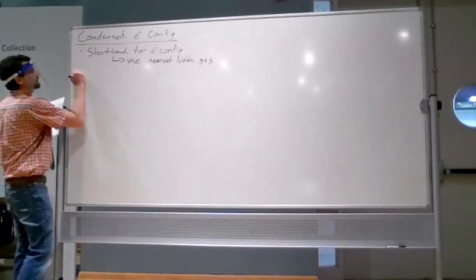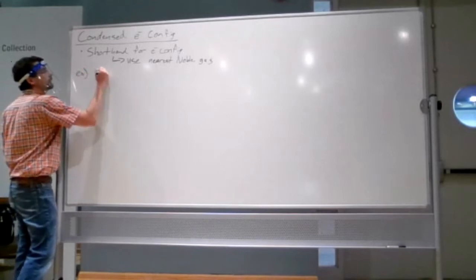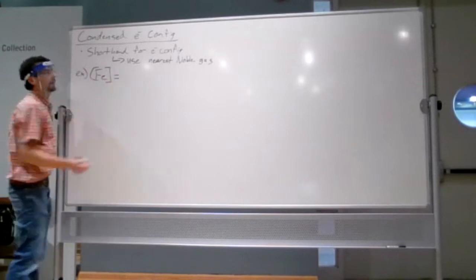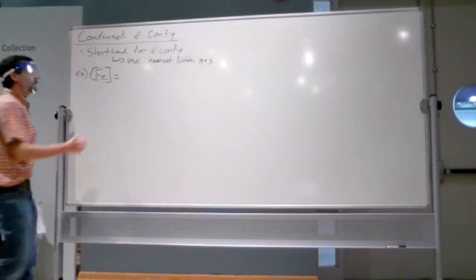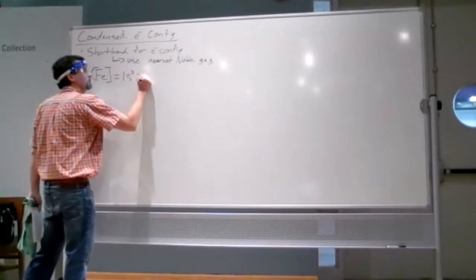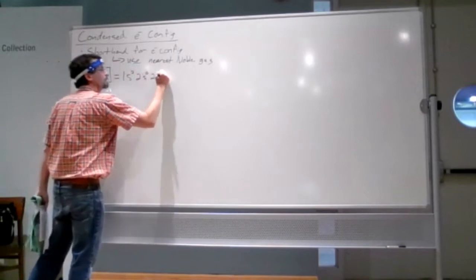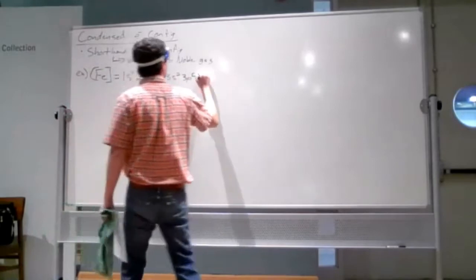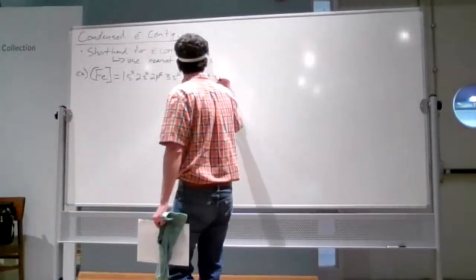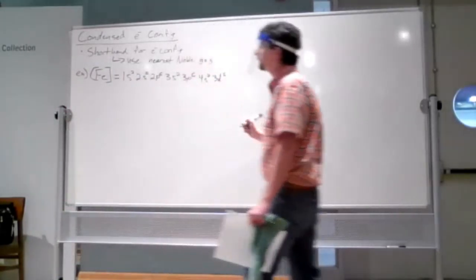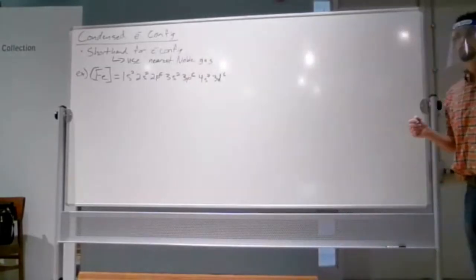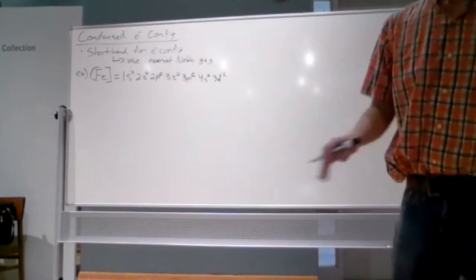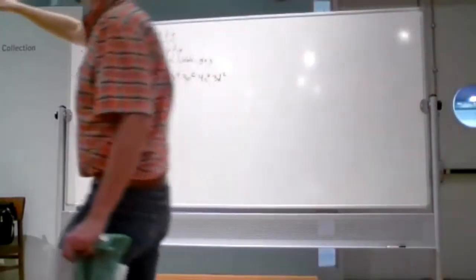So let's use our example of iron again. Let's write out that complete configuration. We had 1s2, 2s2, 2p6, and so on. We just determined that. Okay. So now let's look at the periodic table.